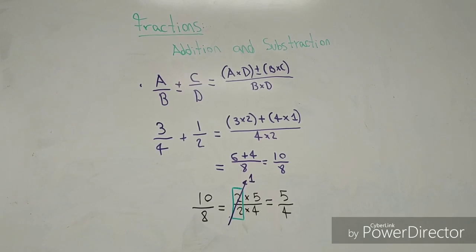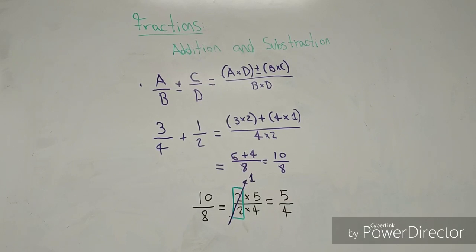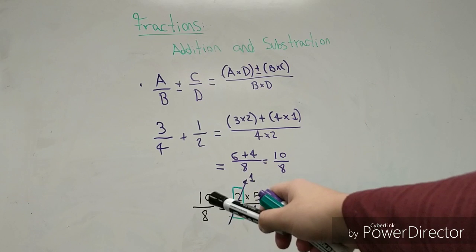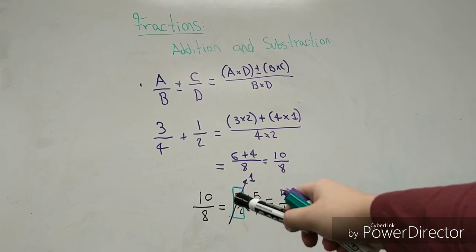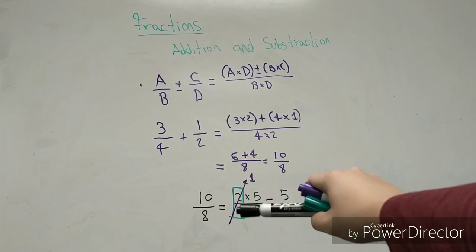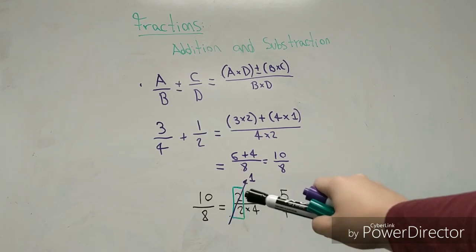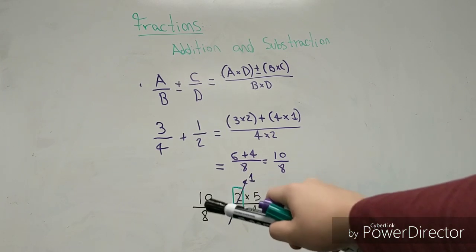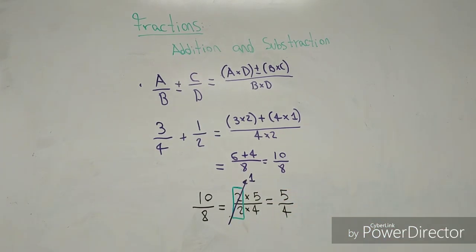Now, it's always better to talk in terms of simplified fractions, reduced fractions, or equivalent fractions, which is the same. So 10 divided by 8, we can always do a reduction by 2, and the reason we can do that is because both numbers, up and down, are even numbers.